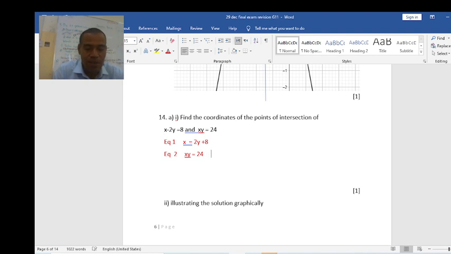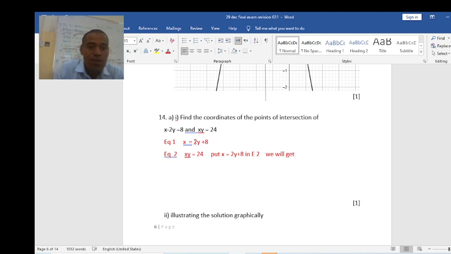So we put x equals 2y plus 8 in equation 2. We will get, my learners, instead of writing x, open parentheses 2y plus 8, close parentheses, multiplied by y, equal to 24.